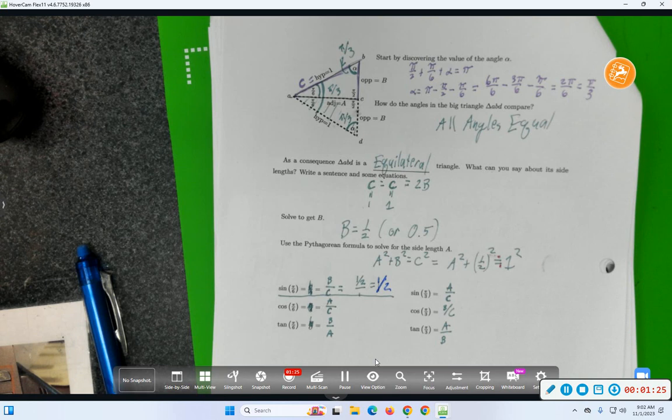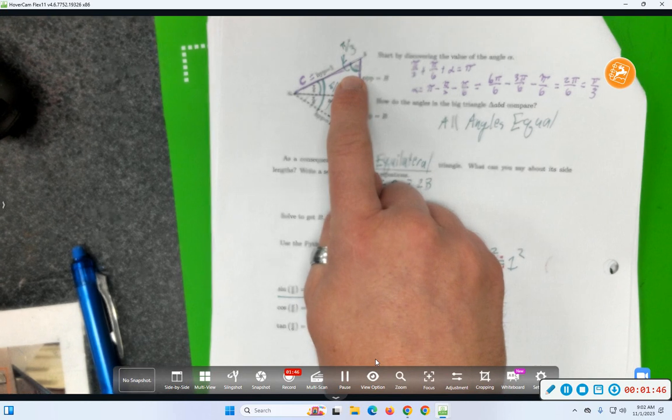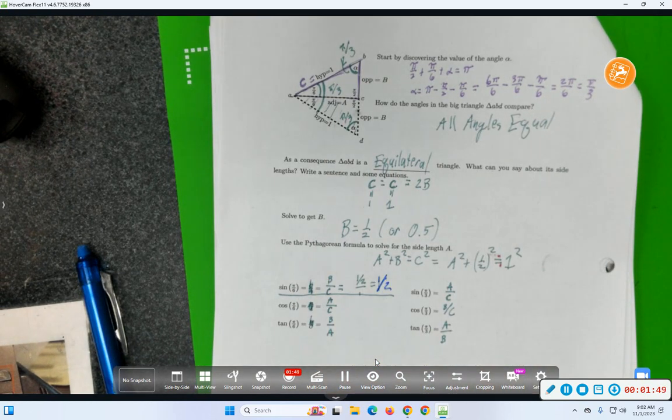Even without knowing the side length that's called BA in that triangle, what other trig function can you just know already by looking at this? In particular, look at that pi over 3. So this angle is pi over 3. Do you know the adjacent side length to this pi over 3? Yeah, it's that 1/2.